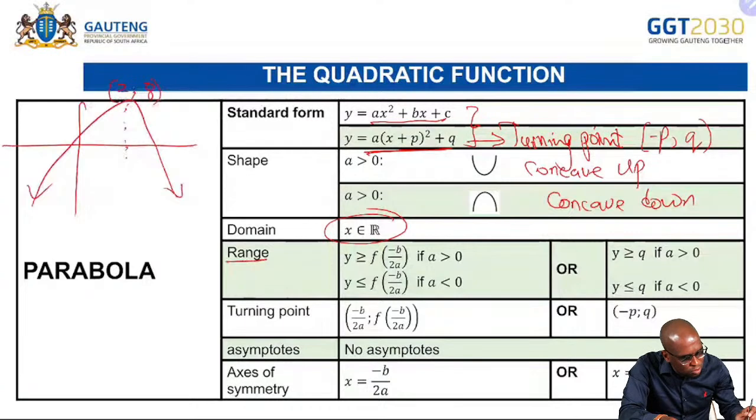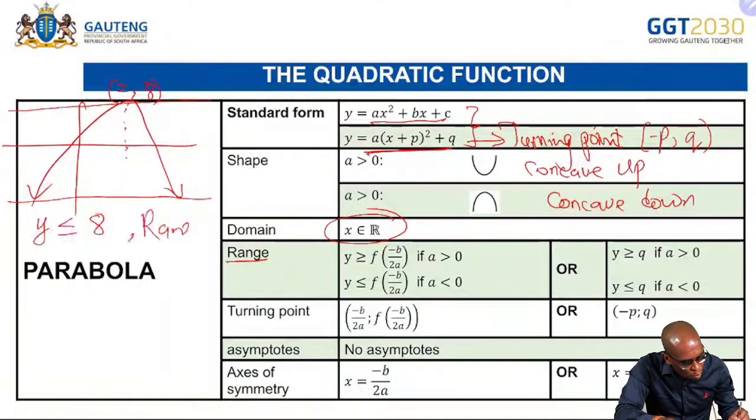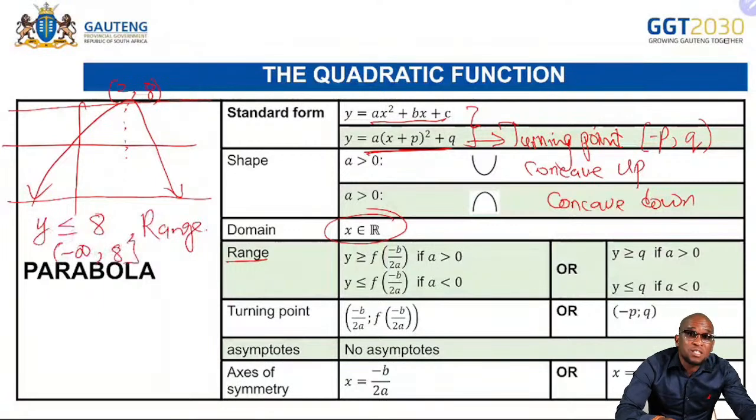If you want to write your range, it means that the graph is defined starting from here up until the turning point. So the graph is defined for y less than or equal to 8. That is the range of this graph. You can write it as from minus infinity to 8 included. That's where the graph is defined.